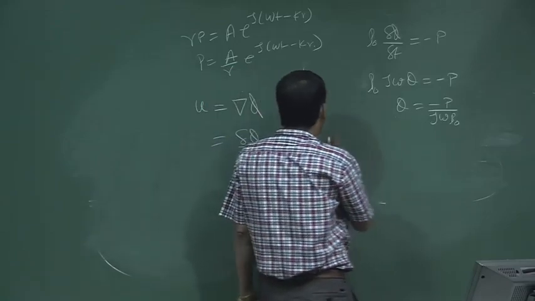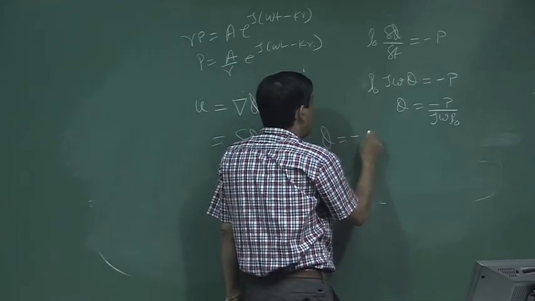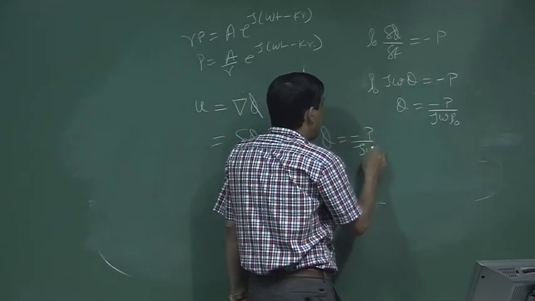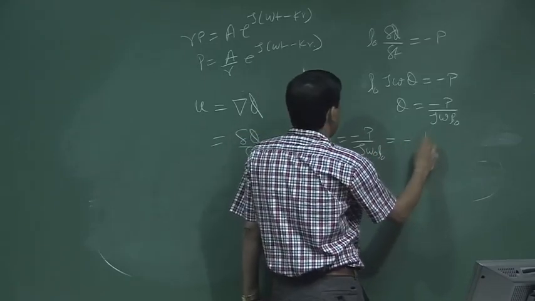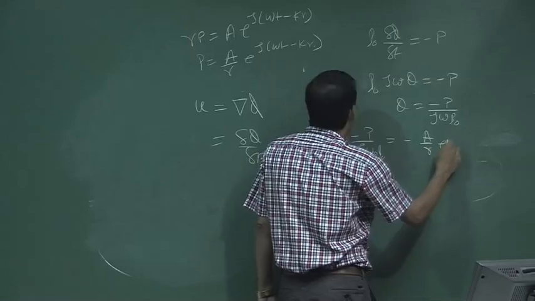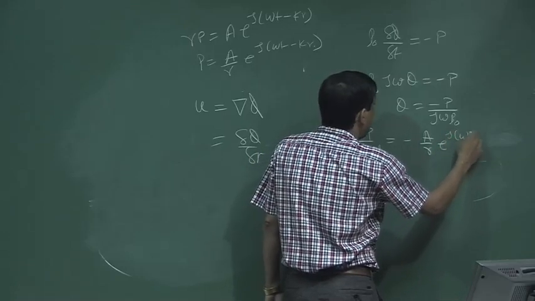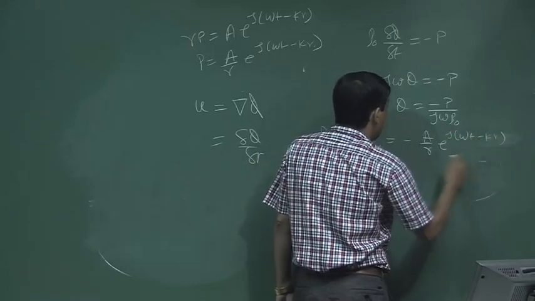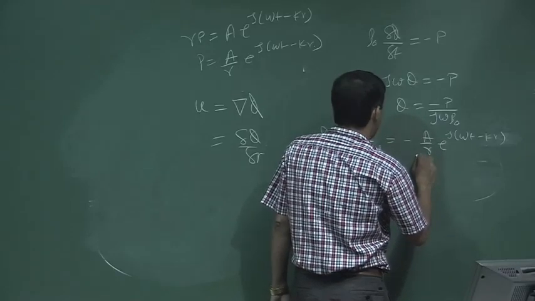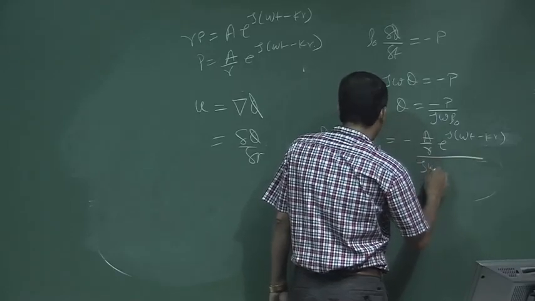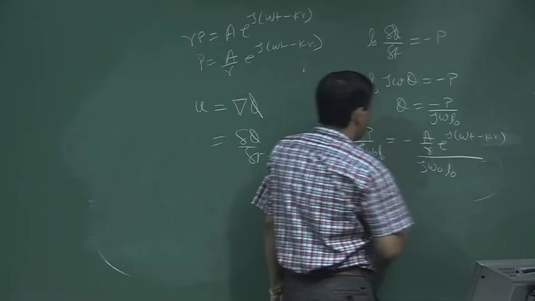Let us put the d phi by dr. So phi is equal to minus P by j omega rho 0. So I can write minus A by r e to the power j omega t minus kr divided by j omega rho 0.